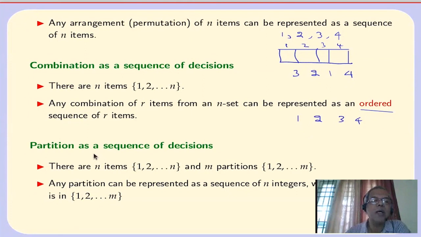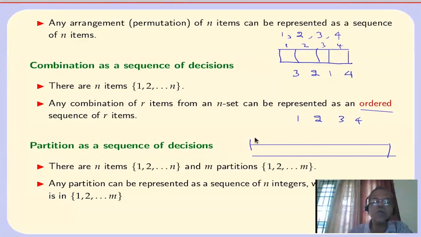Question. How will you represent a partition as a sequence of decisions? Suppose there are n items, 1, 2, 3, 4, and n, and there are m partitions. Then every element in the set belongs to one of the m partitions.